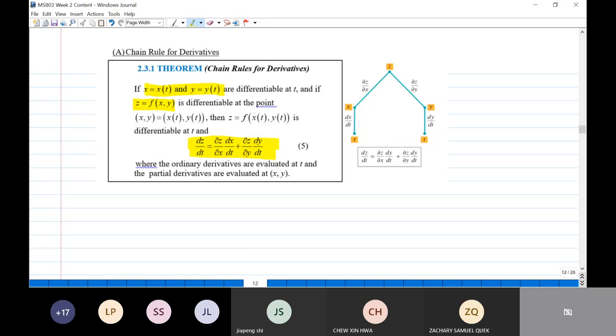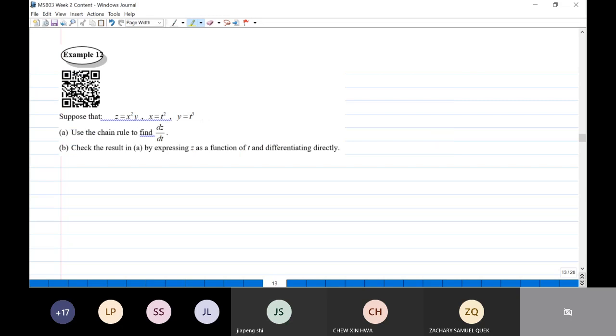So I'll look at example 12. Use the chain rule to find dz/dt. First of all, z is equal to x squared y.